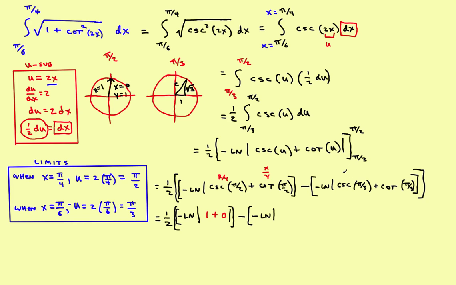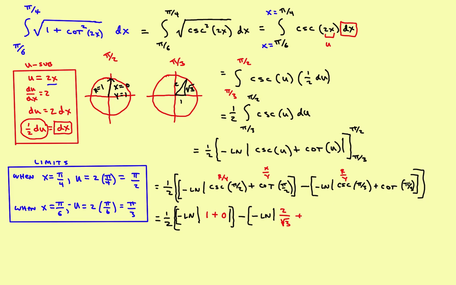And the cosecant, again, is r over y. Looking at this picture, r over y would be 2 over the square root of 3. So this one's going to turn into, down here, 2 over square root of 3. Then you've got plus.